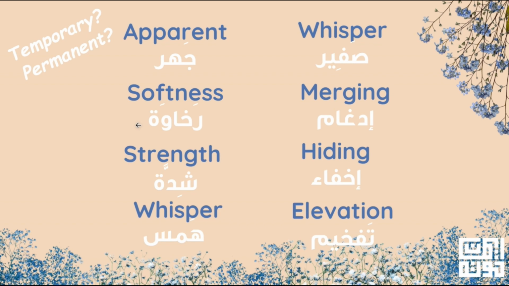If the letter has rakhawa, it runs when it's in sukoon, is it permanent? Shidda, hams. What about whisper, safir, idgham? What do you think? Is it temporary or permanent? Ikhfa, elevation.